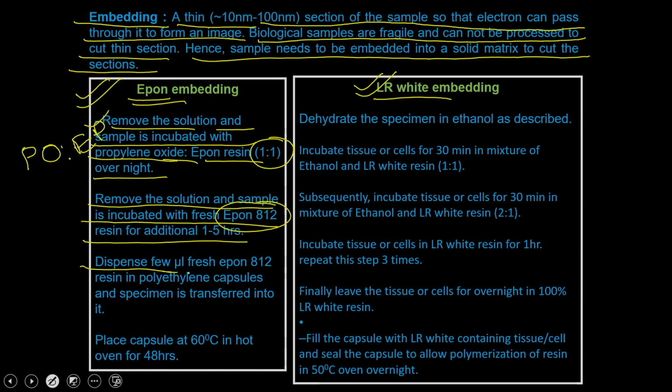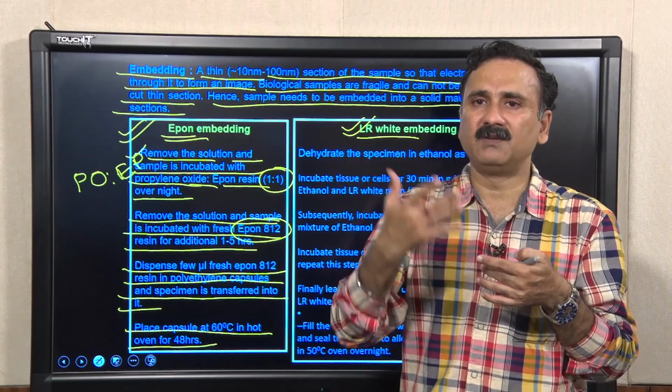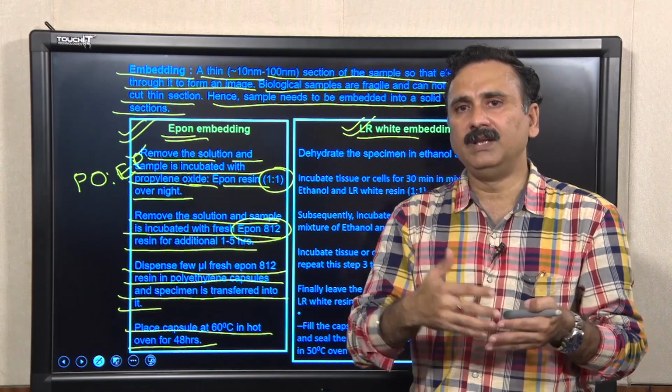Now, you dispense a few microliters of fresh Epon resin in polypropylene capsules, and the specimen is transferred into it. Place the capsule at 60 degrees in a hot oven for 48 hours. What you are exactly doing is embedding not only from outside, but from inside also. You are simply replacing the solvent present inside the sample with the resin.